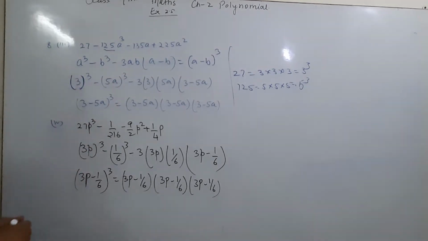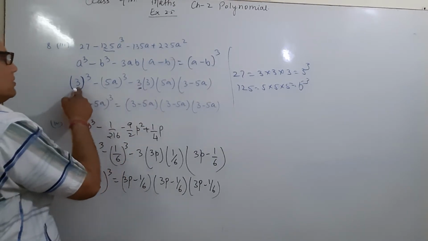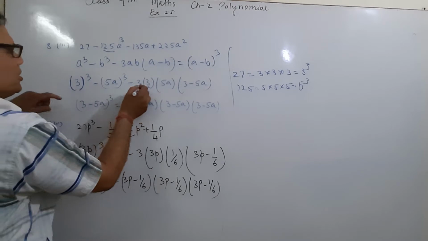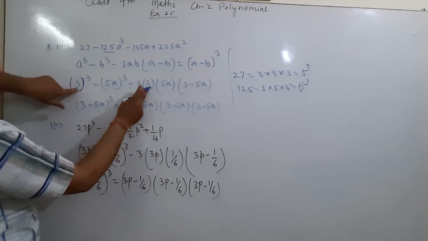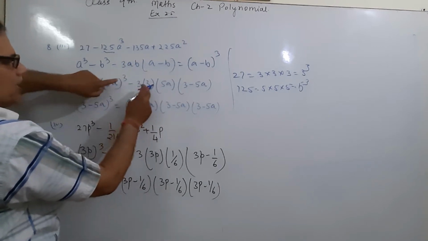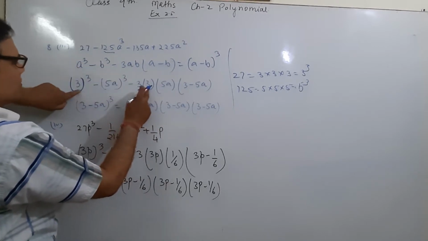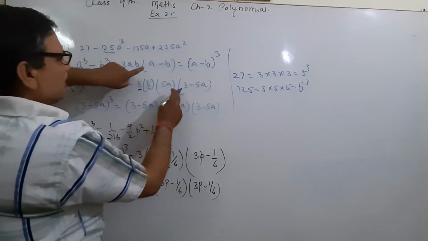And now why we put 3ab? 3, what is 3? 3 this one. A is 3, this is the formula. And this is a, and b is 5a. 3 same a, this is a, and this is b, 5a bracket a minus b.